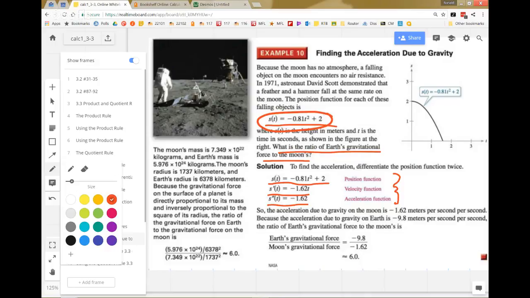Now, when you take that distance function and take its first derivative, we do it right here. Here's the function for the position. Take the first derivative. Power rule, 2 times negative 0.81 is negative 1.62 times t plus nothing.